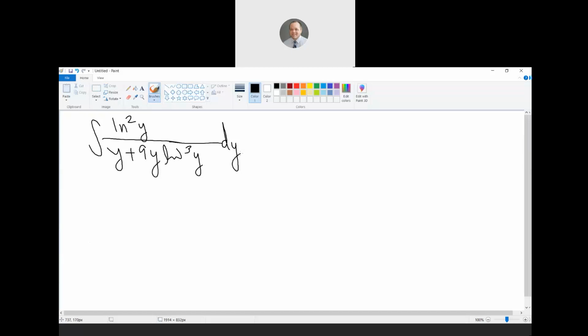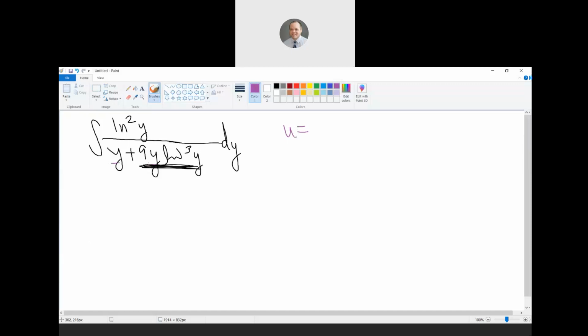So tell you what, let's let u equal to just the part with the natural log cubed. Oh, before we do that, let's do some factoring.